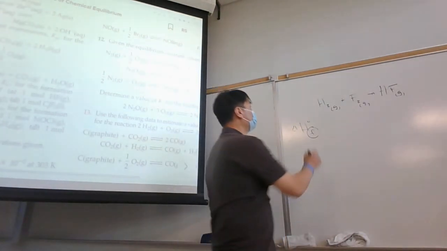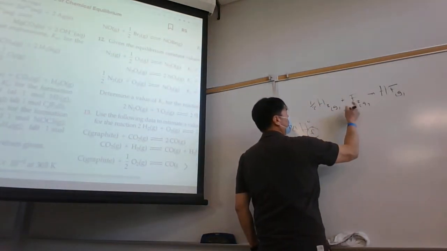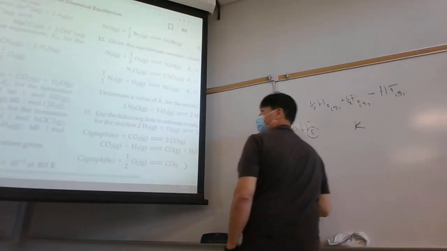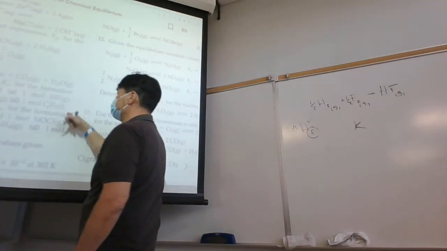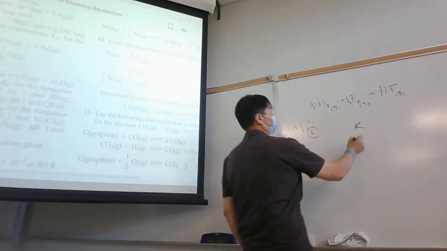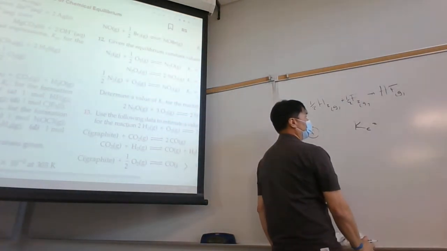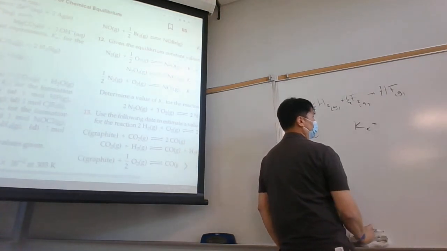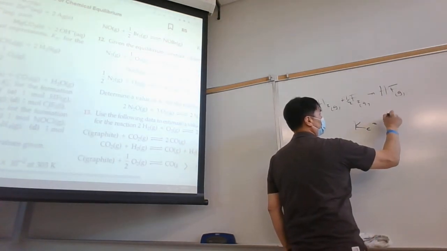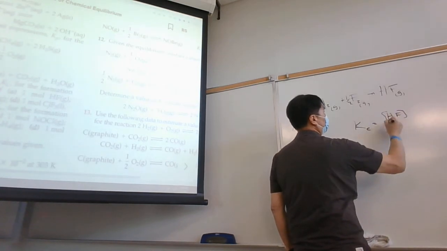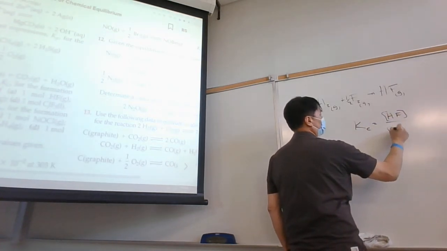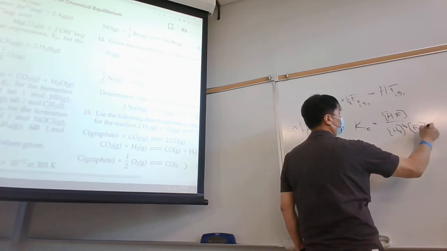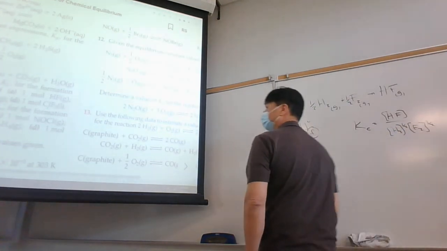Yeah, this is going to be 1/2 H2 and 1/2 F2. And so what do they want, Kc or Kp? Kc, what is going to be here? It's going to be HF over the concentration of H2 to the 1/2 times the concentration of F2 to the 1/2. Yeah. Good.